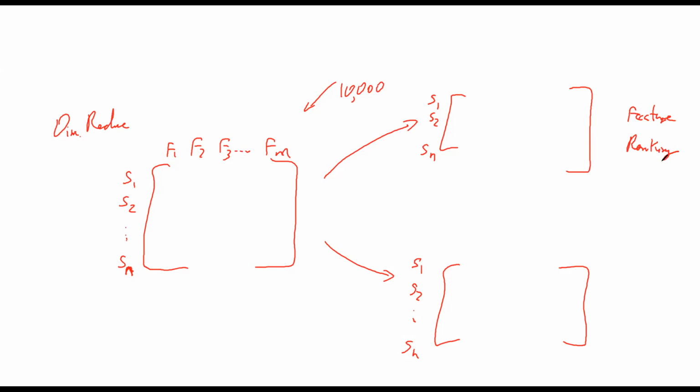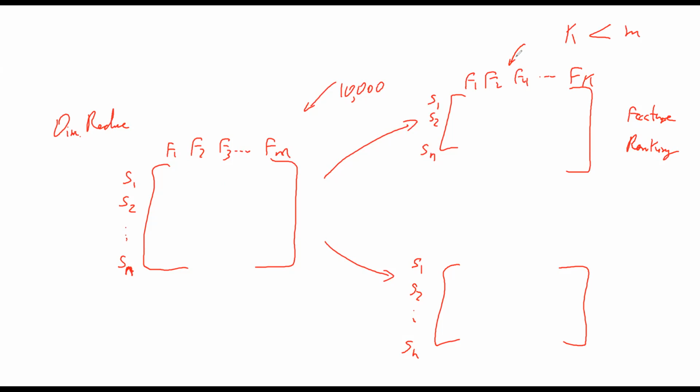So feature ranking basically means that you have the features F1, F2, then F4, dot, dot, dot, Fk, where k is less than n. What that means is that you literally keep the same features, but you drop a few. If you notice here, for instance, I dropped F3.